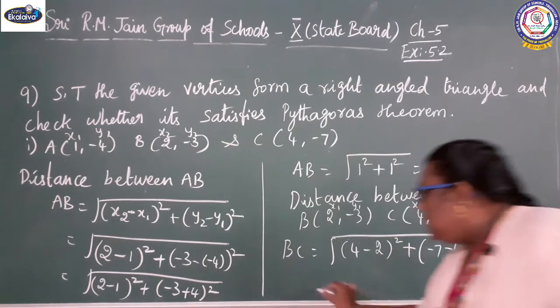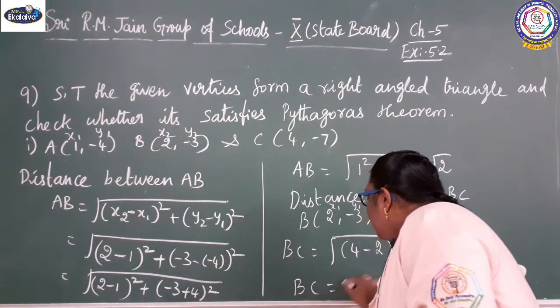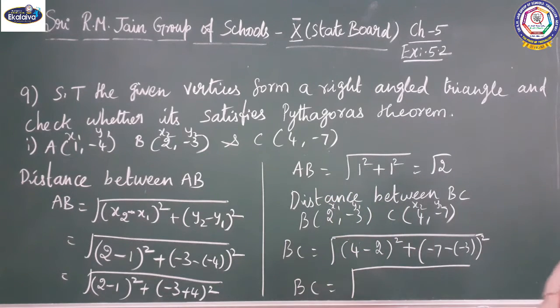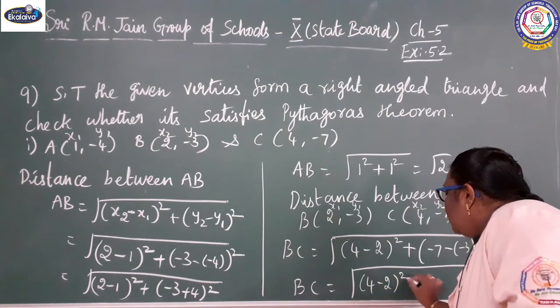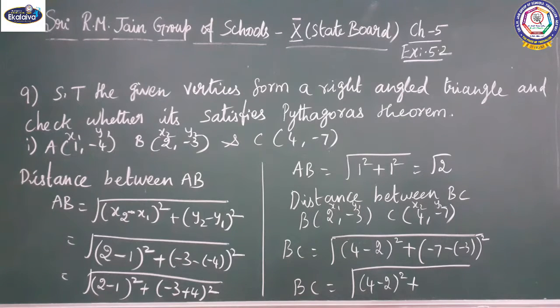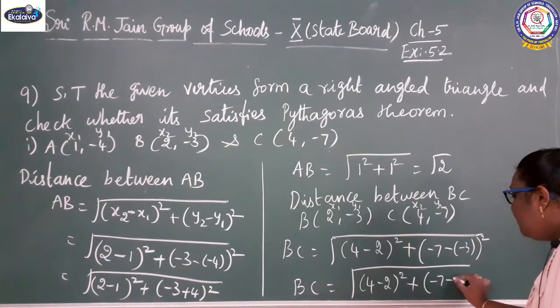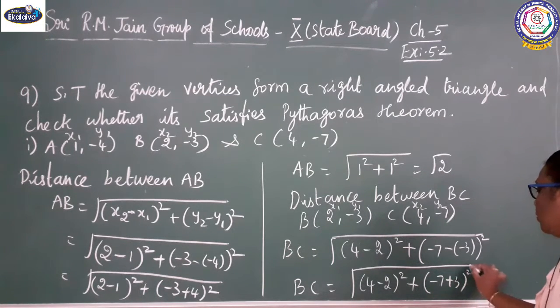Plus y2, which is minus 7, minus y1, which is minus 3, the whole square. So BC equals root of 4 minus 2 the whole square plus minus 7 plus 3 the whole square.